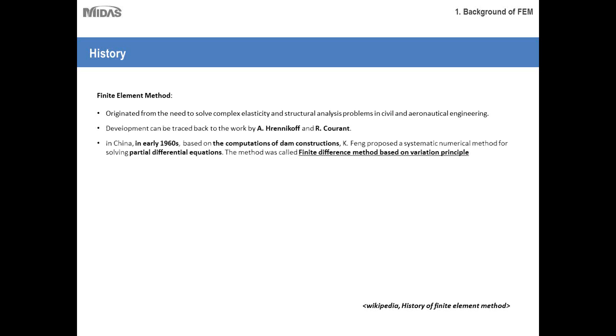1960s, based on the computation of dam construction, K. Feng proposed a systematic numerical method for solving partial differential equations, and the method was called finite difference method based on variation principle. This is an independent type of analysis to the finite element method.